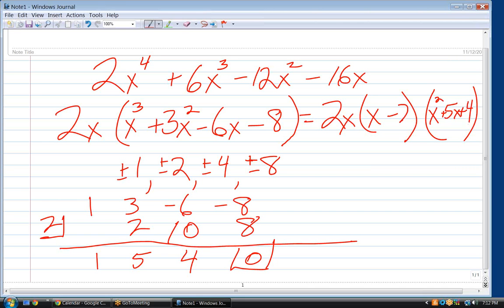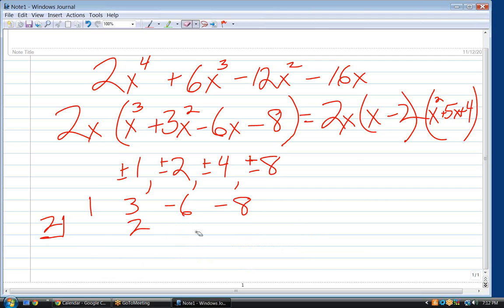Linear factor is x minus 2, because 2 worked. And this is the 0. It's not the linear factor, but if the linear factor were x minus 2, the 0 would be 2. Okay? So whatever number you put in here, the linear factor is always x minus that number.